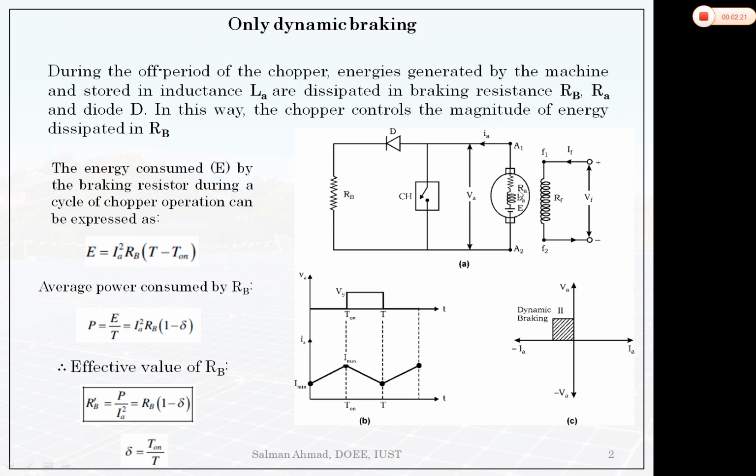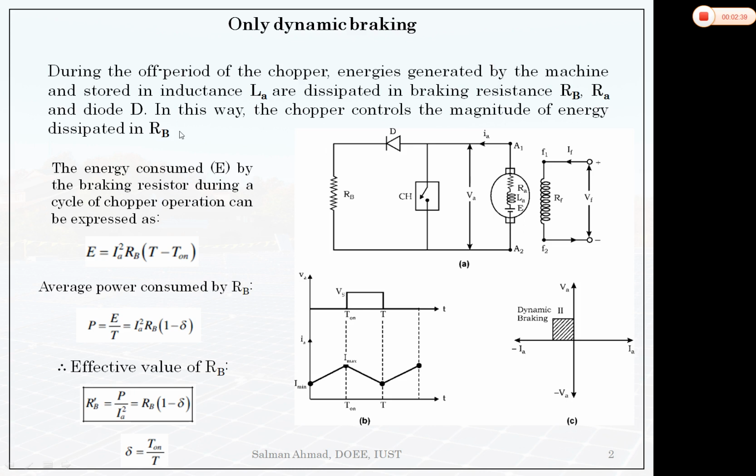Okay, so the speed of the motor will reduce. Okay, so this is the dynamic braking operation. So in dynamic braking we are having negative current and positive armature voltage. So we are operating actually in quadrant 2.